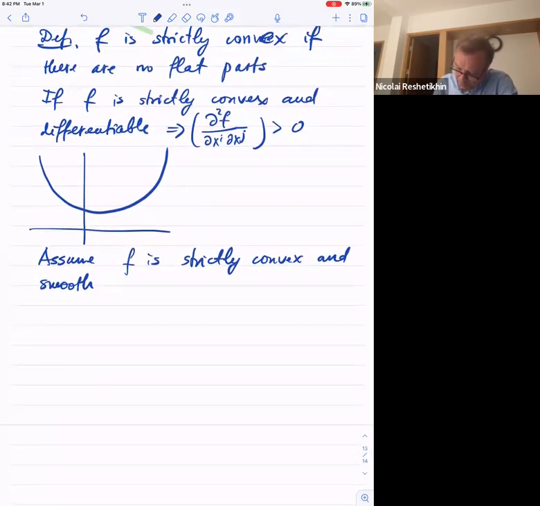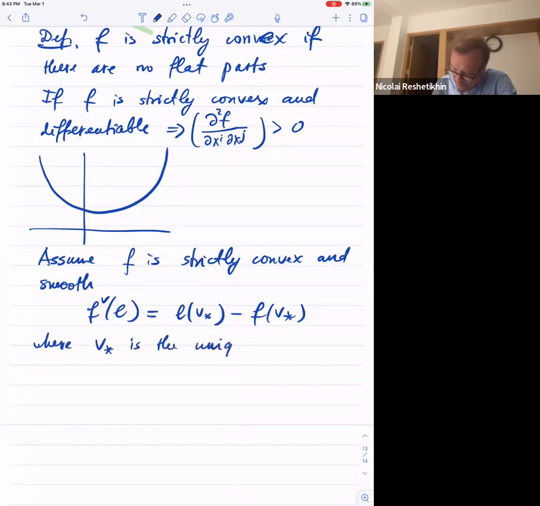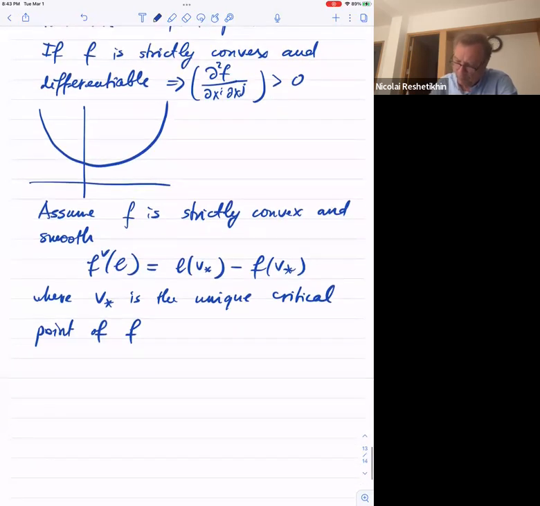So then it's quite clear that the Legendre transform can be written as this: L(v*) = v* minus f of v*, where v* is the unique critical point of, oh sorry, not of f, but of Lv minus f(v) in v.